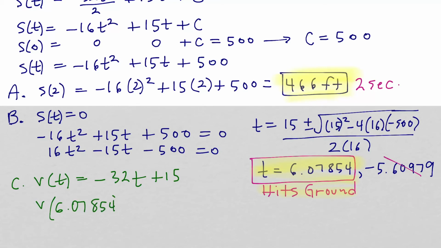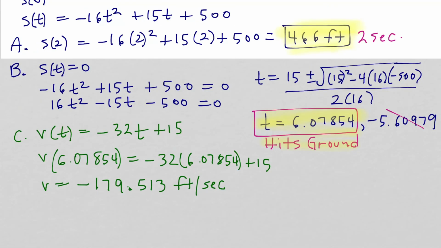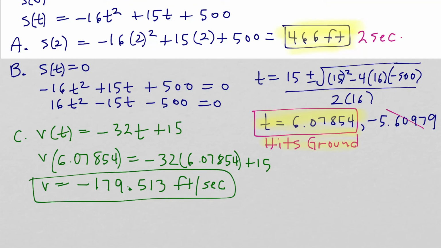So I just sub in that number for t. Then I plug all that into my calculator, and I get this number here. That's my velocity when it hits the ground. Okay, so that takes care of this question.